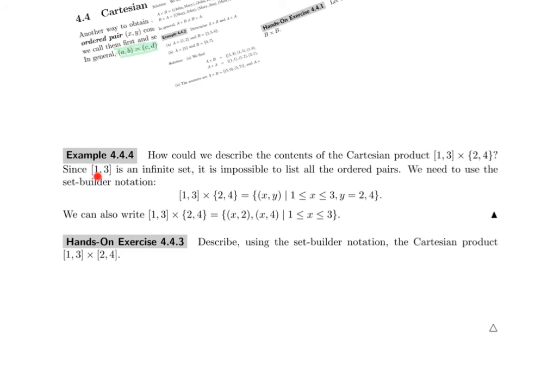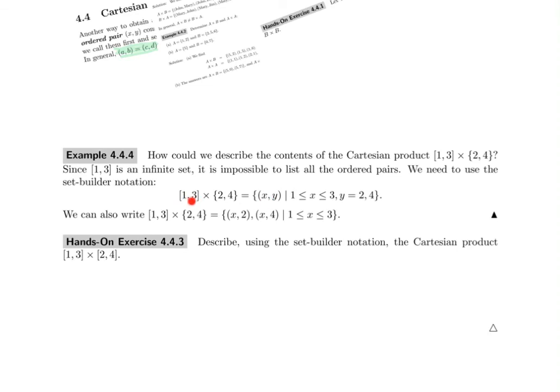Because one of our sets in our Cartesian product is infinite, we can't possibly write all the ordered pairs. We're going to use set builder notation. Now, for set builder notation, we have to make sure we write ordered pairs as the form of the elements in this set, because remember, Cartesian product elements are always ordered pairs.